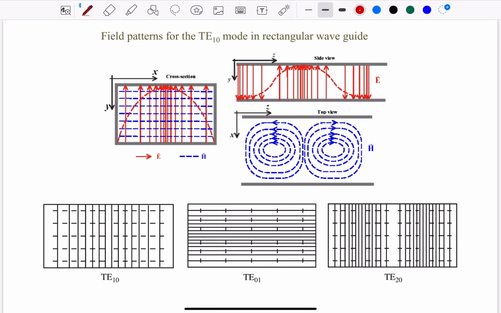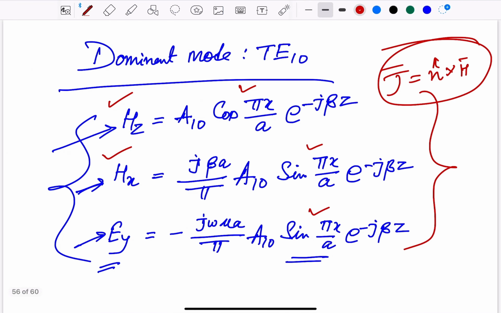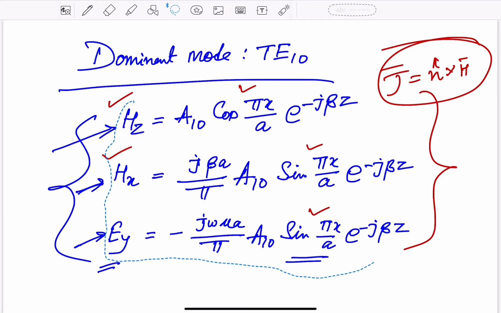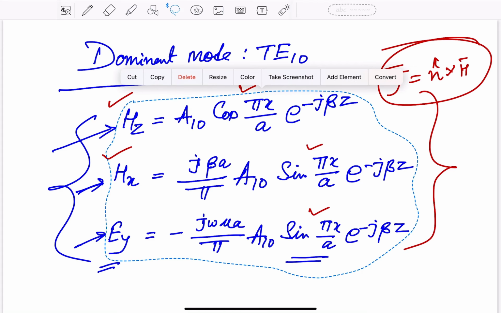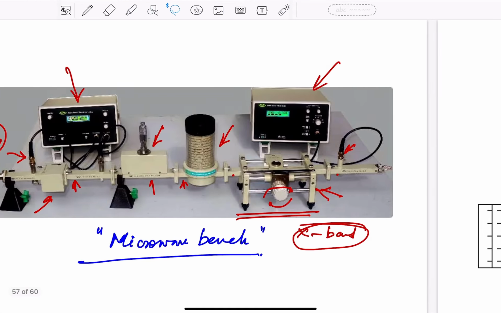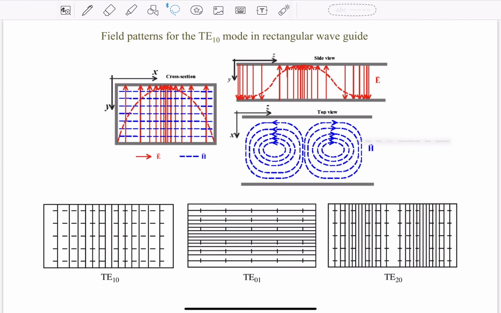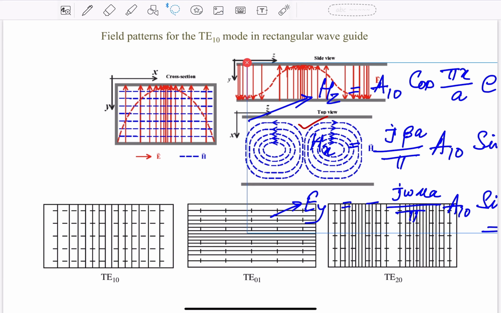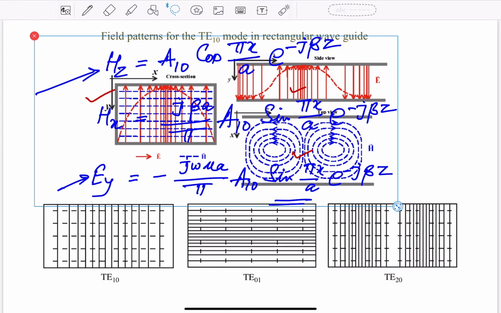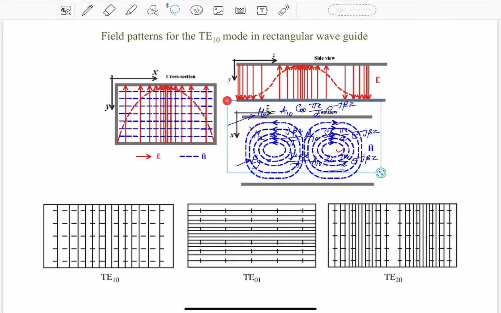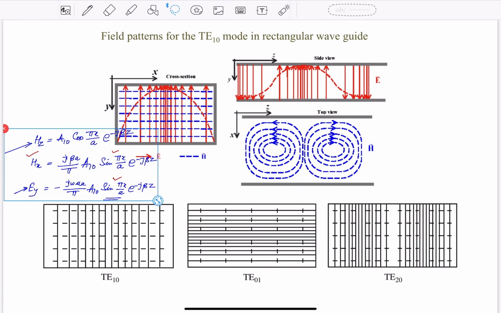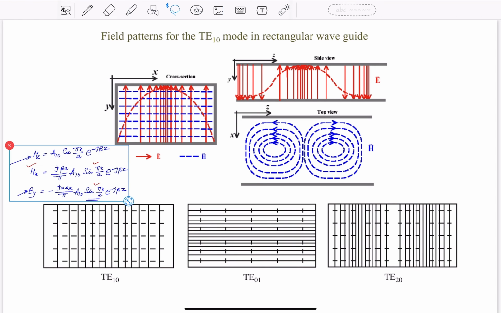Before this, I should copy these things, and I can copy all these components. Hopefully this is visible to you.